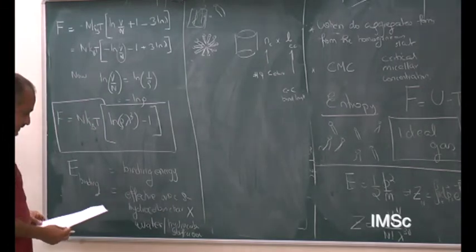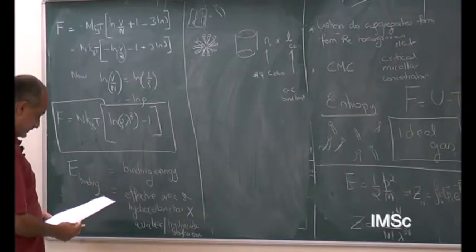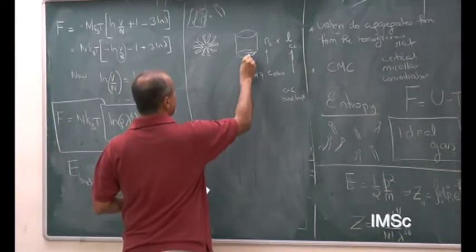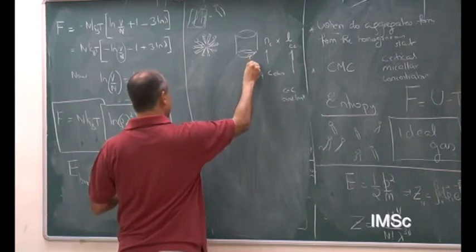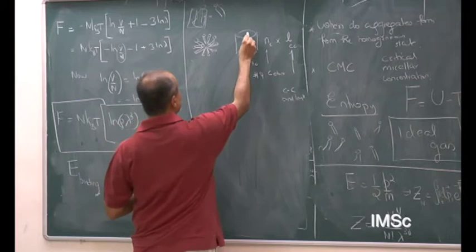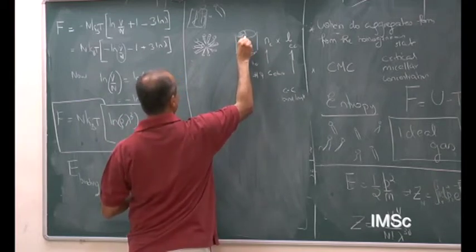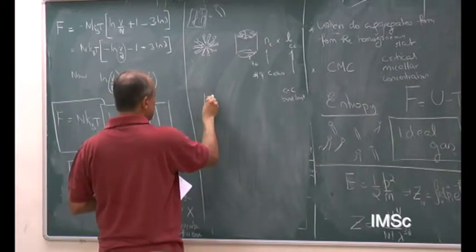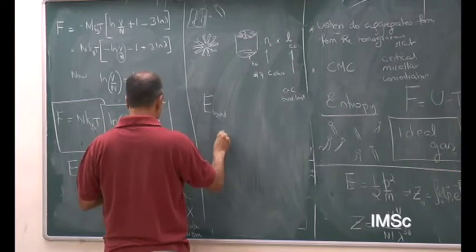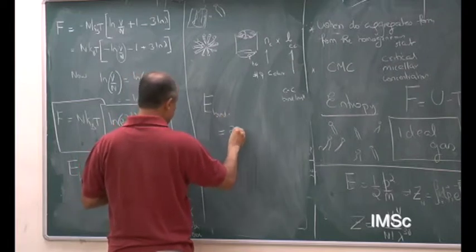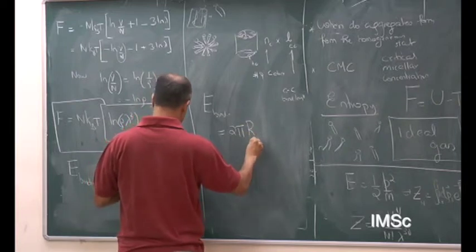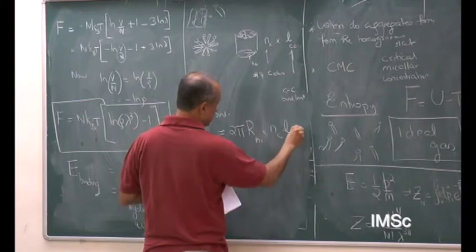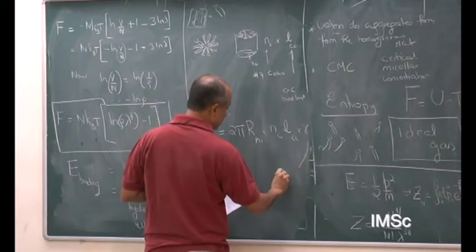Okay. So if this is the radius R of the hydrocarbon, so I have a structure that looks like this, the binding energy is just 2 pi times R hydrocarbon times Nc times LCC times gamma, where gamma is the surface tension.